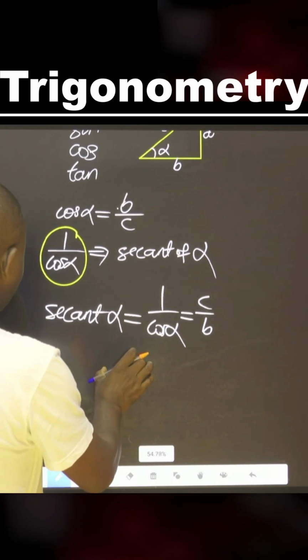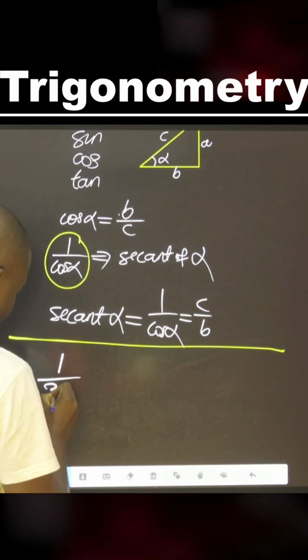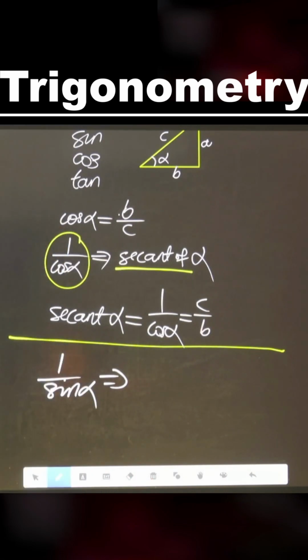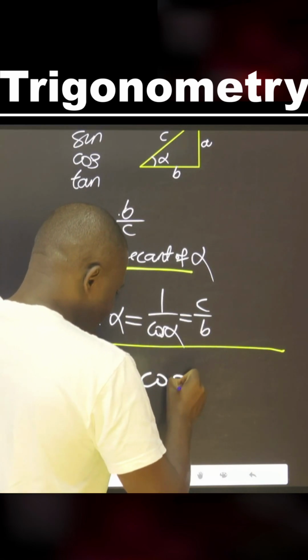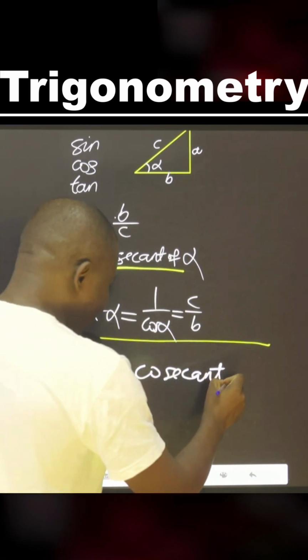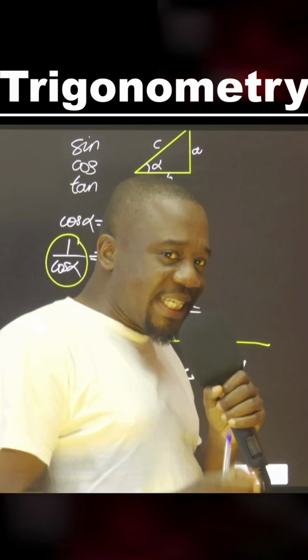What about for sine? For 1 over sine alpha, the name for it is cosecant. So, this is cosecant alpha, cosecant theta, cosecant of the angle.